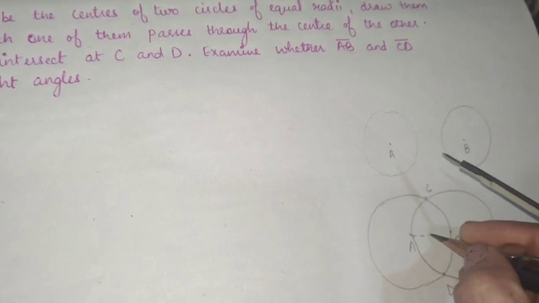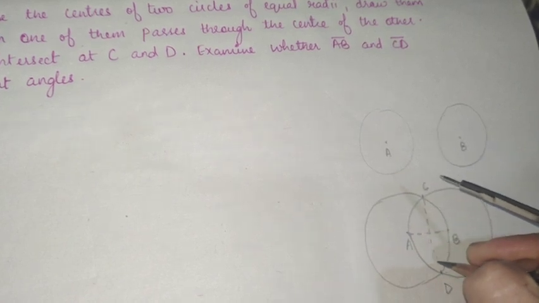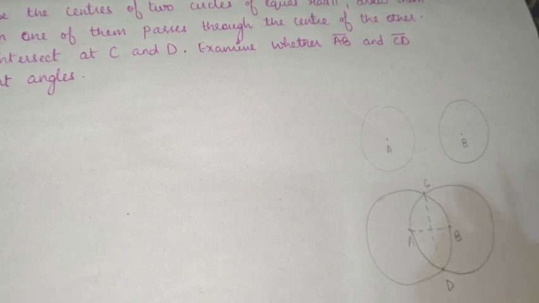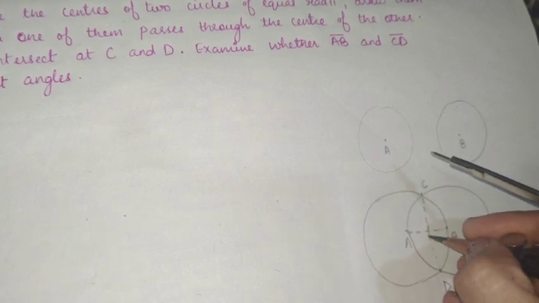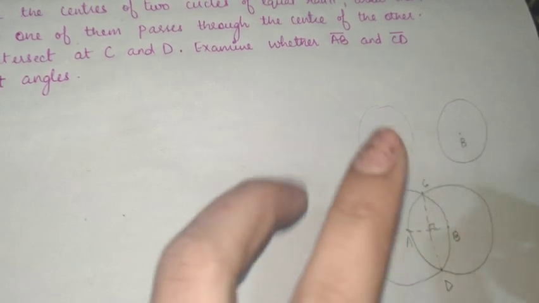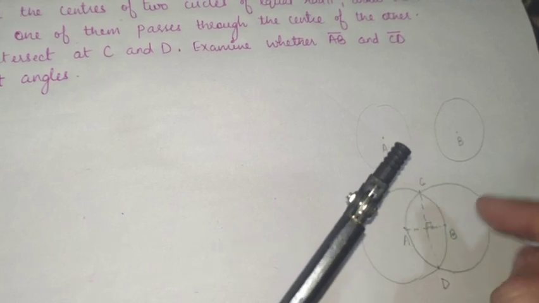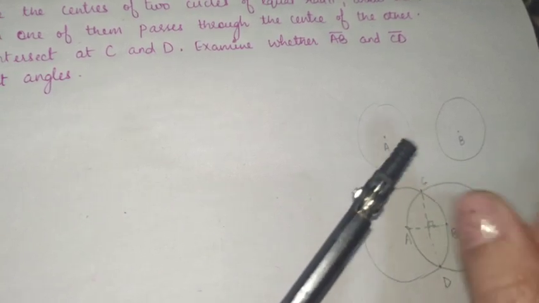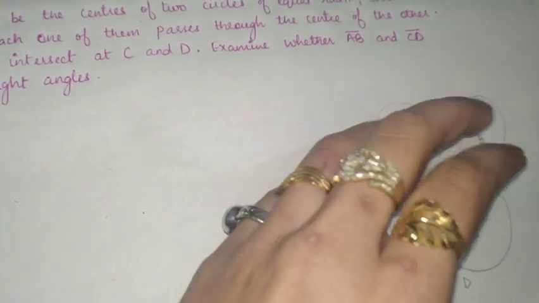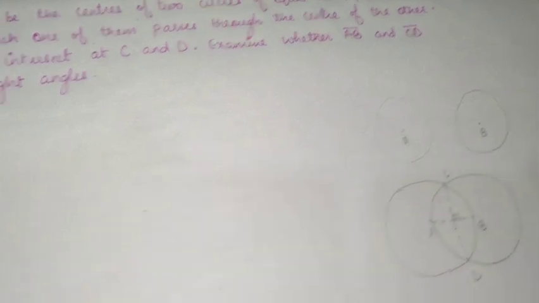So we'll just join these points either with dotted lines or with solid lines. And then you just need to check, with the help of a protractor, are they intersecting at 90 degrees? This angle has to be 90 degrees. So we'll just draw a fair figure now. This is our rough figure. Our original figure has to be like this.